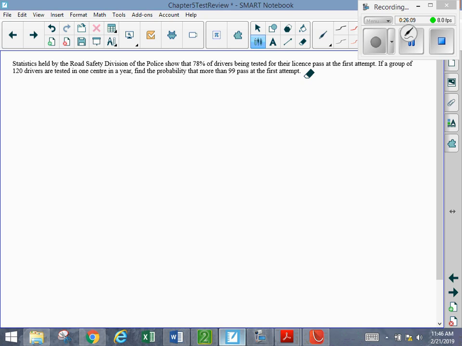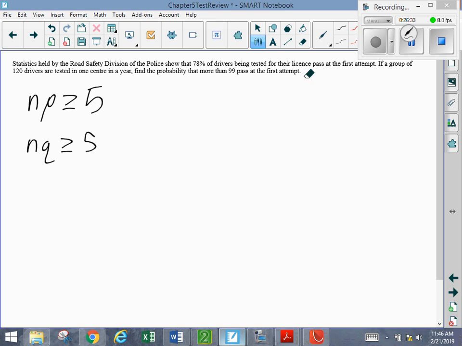Can you use a normal approximation on this binomial setting? And when you're being asked that, what you're being asked is, is this true? And is that true?